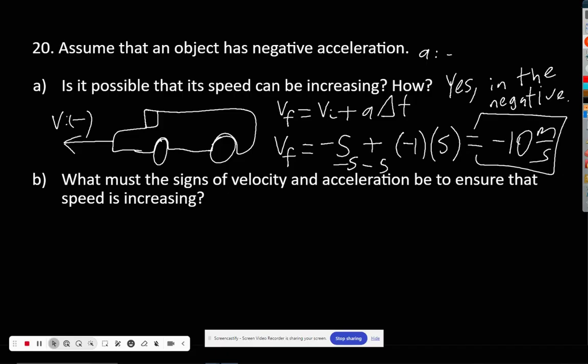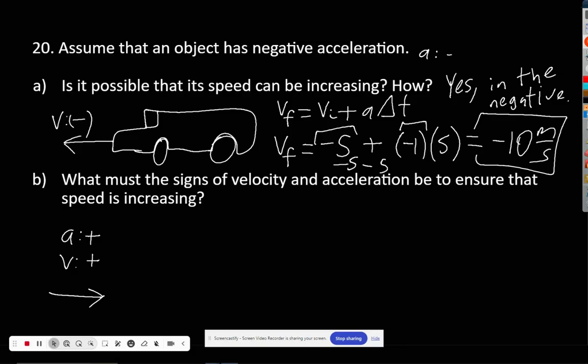B. What must the signs of velocity and acceleration be to ensure that speed is increasing? Well, if we just look at part A, we had negative velocity and we had negative acceleration. As long as they're both negative, we're speeding up. The flip side of that would also be true. If we were traveling in the positive direction, if v was positive, we would speed up if the acceleration was also positive.